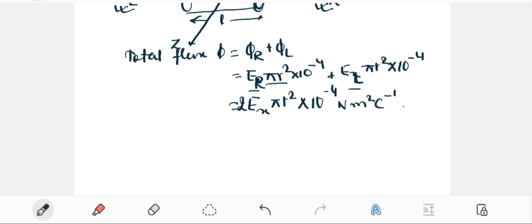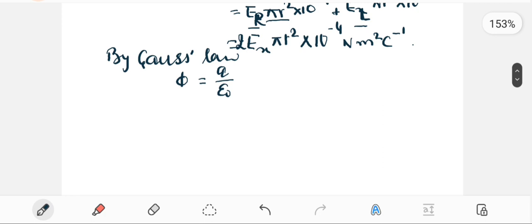So for the net charge, since we are talking about the closed surface, we will be using Gauss's law. By Gauss's law, we know the total flux linked is equal to 1 by epsilon naught times the charge.